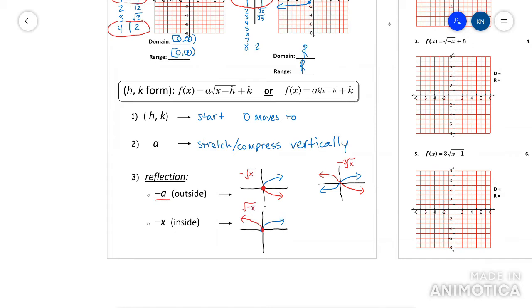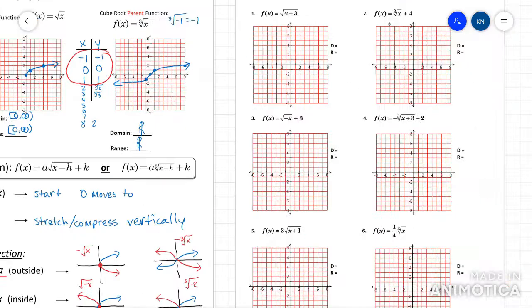And then for cube root, it basically just looks the same. Here's original. Here's if you put a negative on the inside of a cube root. So the cube root ones are easy. It's the square root ones that you kind of have to think about. All right, let's look at some examples.